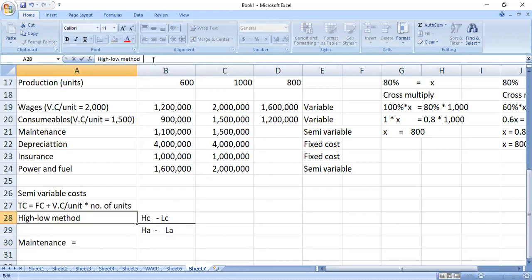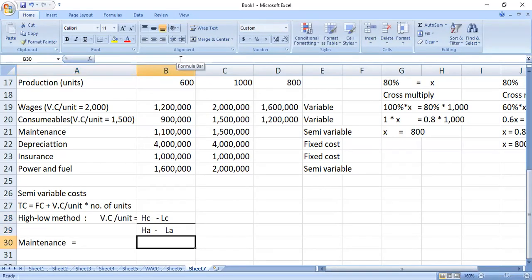This high-low method here. As you do it, the whole aim of doing this high minus low is that you're trying to get the variable cost per unit only. Okay, so if you have to continue, we substitute.